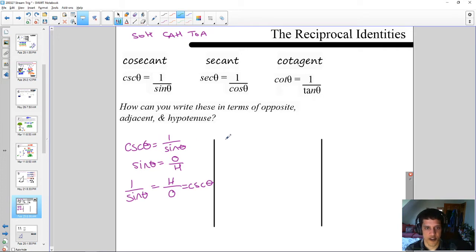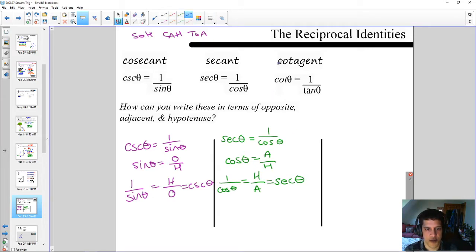Okay. Similarly, we have secant theta equals 1 over cosine theta. Cosine theta, if we remember, is adjacent over hypotenuse, which means that if we take the reciprocal of cosine theta, we're going to get h over a, and that's going to be equal to secant theta.